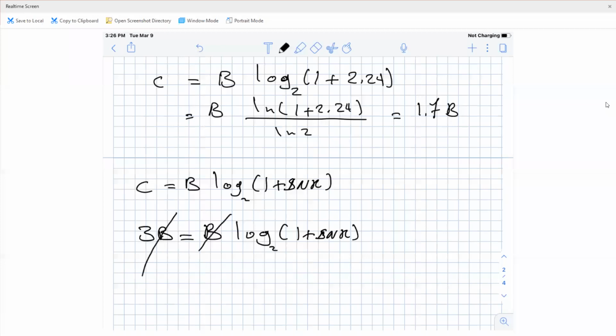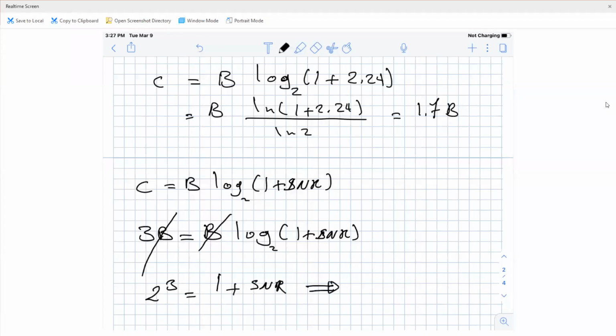To get rid of the log base 2, we take 2 to the power. So the right side will be 2 to the power 3, I mean 8. So 8 equals 1 plus the signal to noise ratio, and you will be able to determine the signal to noise ratio very easily. Look, 2 to the power 3 equals 1 plus SNR.